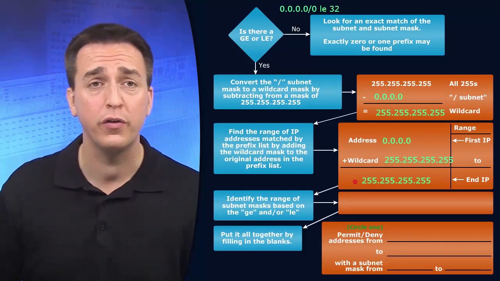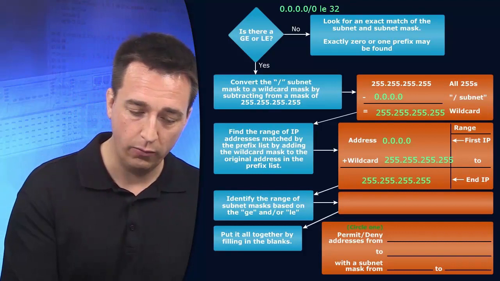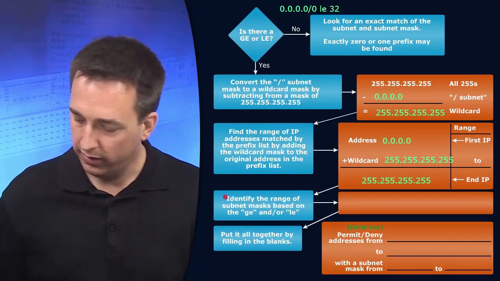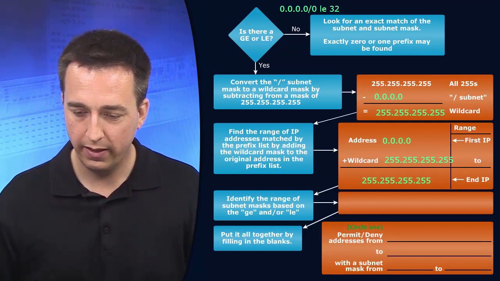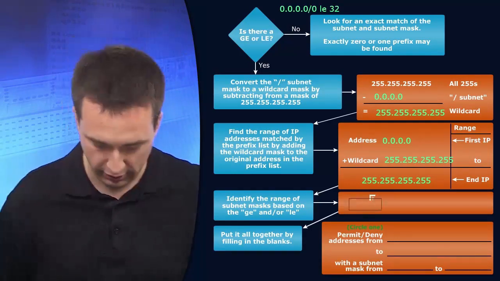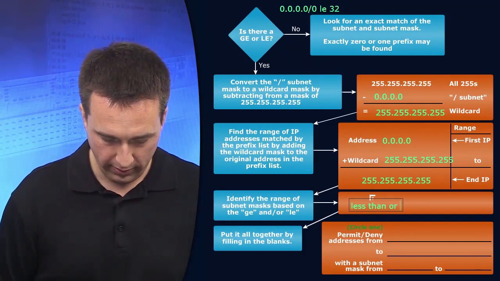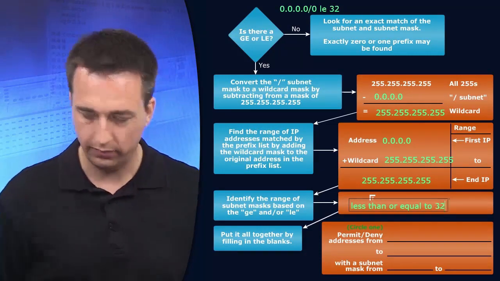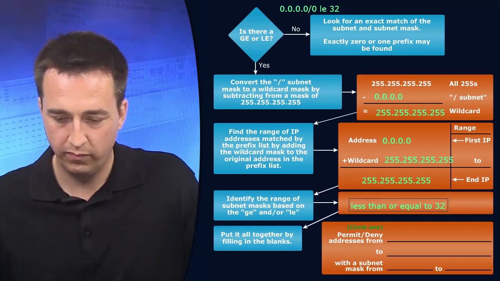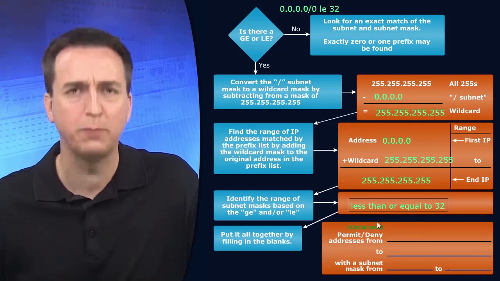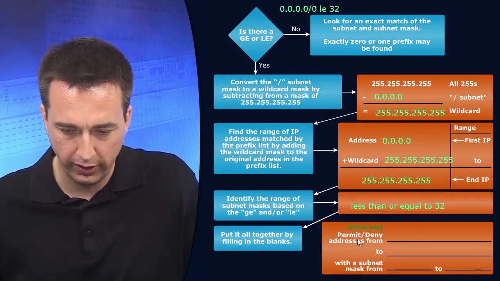Let's take it a step further, though, and find out what our subnet mask is. It says the subnet mask is going to be less than or equal to 32. So let's circle one. It was a permit statement, if you recall.